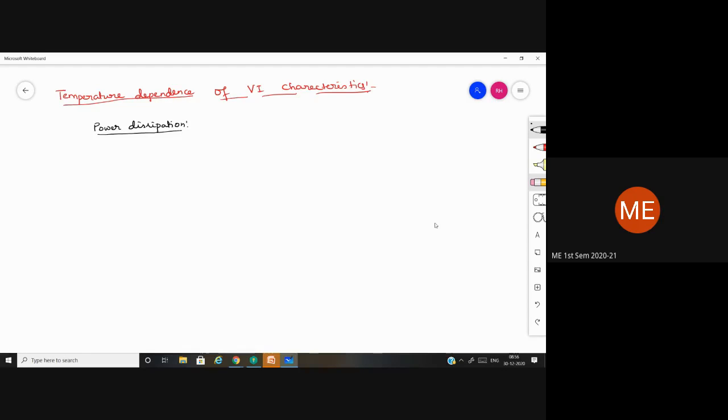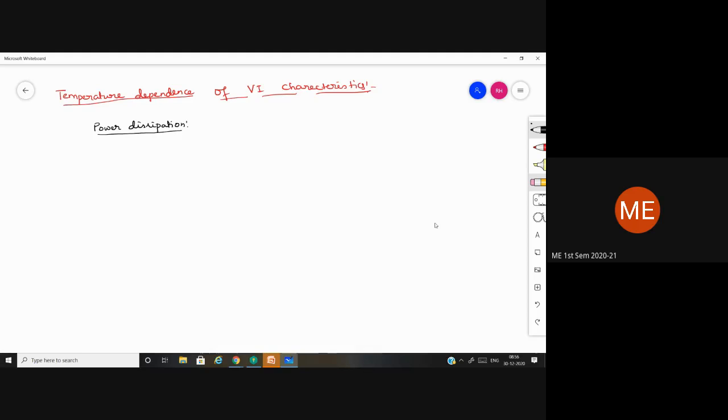So what is this power dissipation? It will be specified by the manufacturer itself. If the dissipation is more and more, it will increase the temperature.